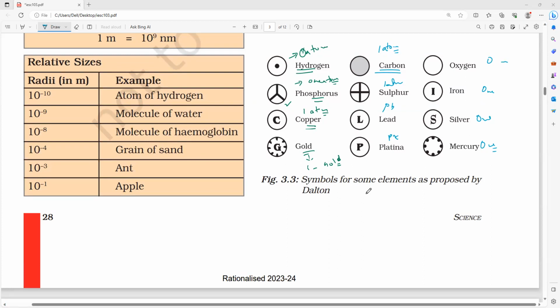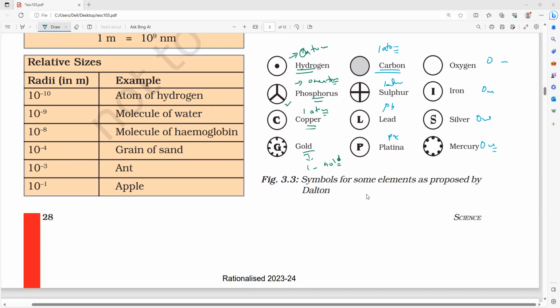They cannot remember and they cannot form the symbols again and again. So we cannot rely on these symbols. We need something more, something easier to work with.